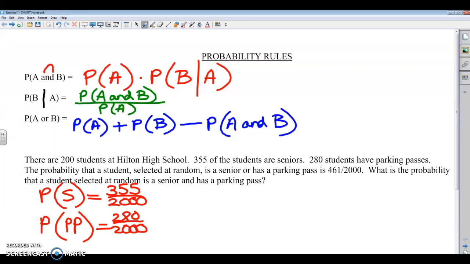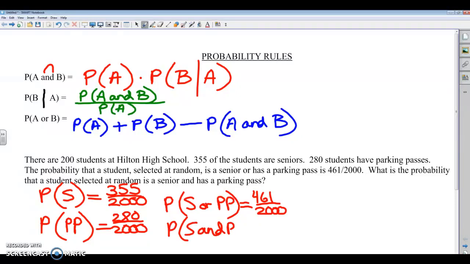The next sentence is the probability of picking a senior or having a parking pass is 461 out of 2,000. What is the probability that the student selected at random is a senior and has a parking pass?